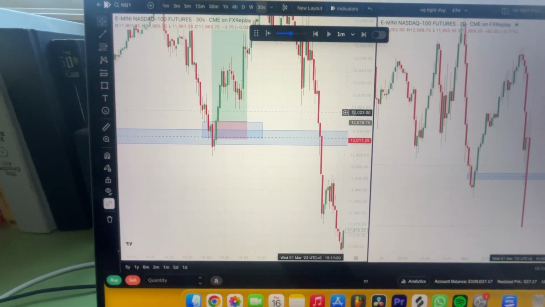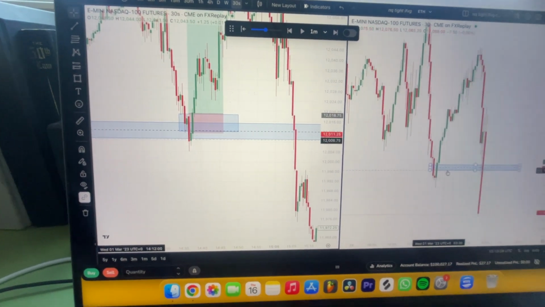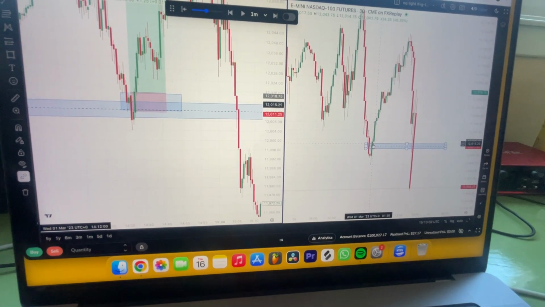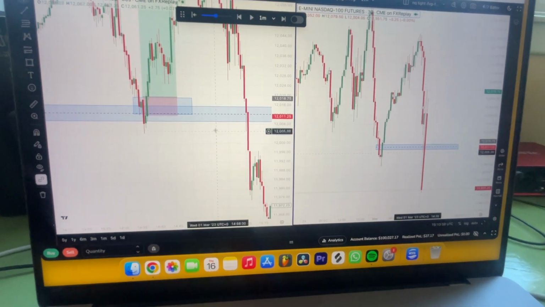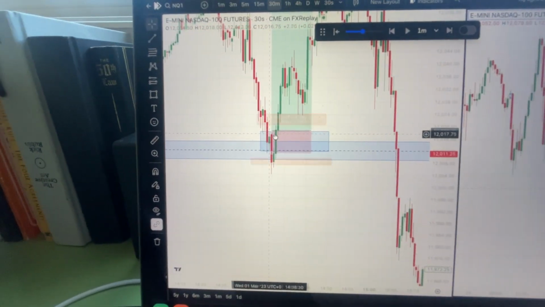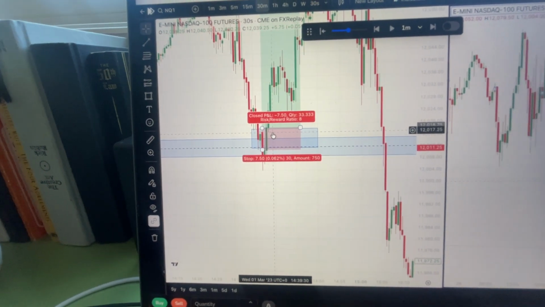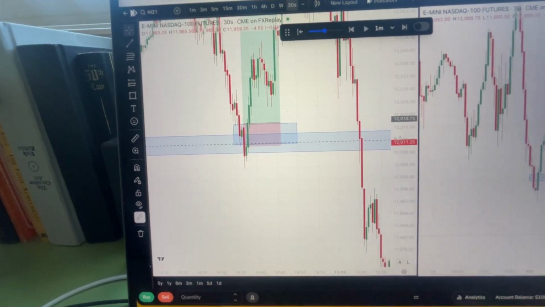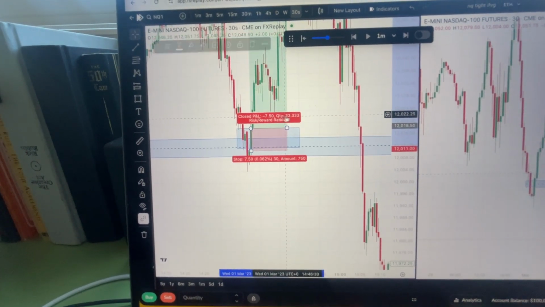Okay, so the 2 criteria have been this: a sweep of liquidity, which here was in this 30 minute gap, and an IFVG comes out of it straight away. Okay, so the 3 entries were this. First 2 entries are the exact same.